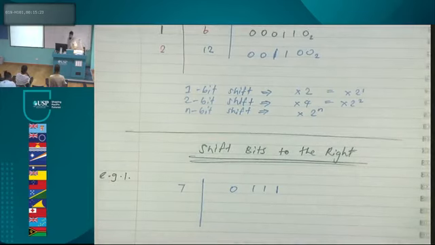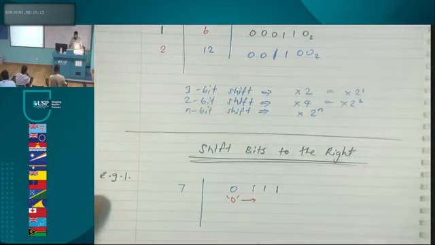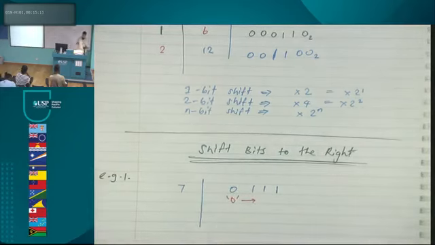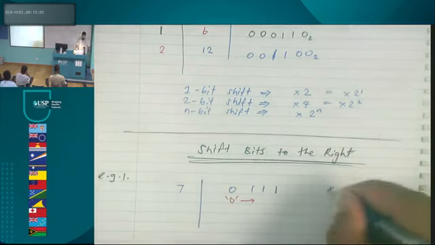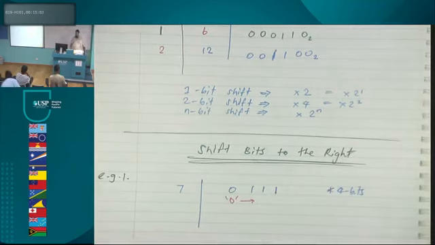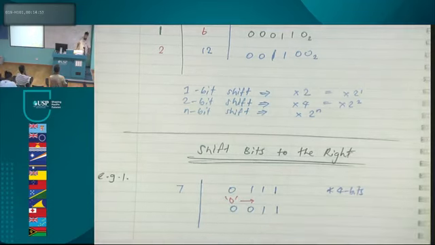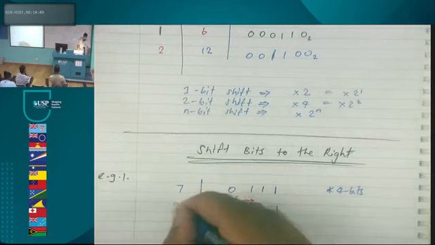Now, if I load a 0 this way, and let us restrict it to 4 bits. Let us stick the system to 4 bits. If I load a 0 and I restrict the system to 4 bits, this will become 0 0 1 1, which is 3.